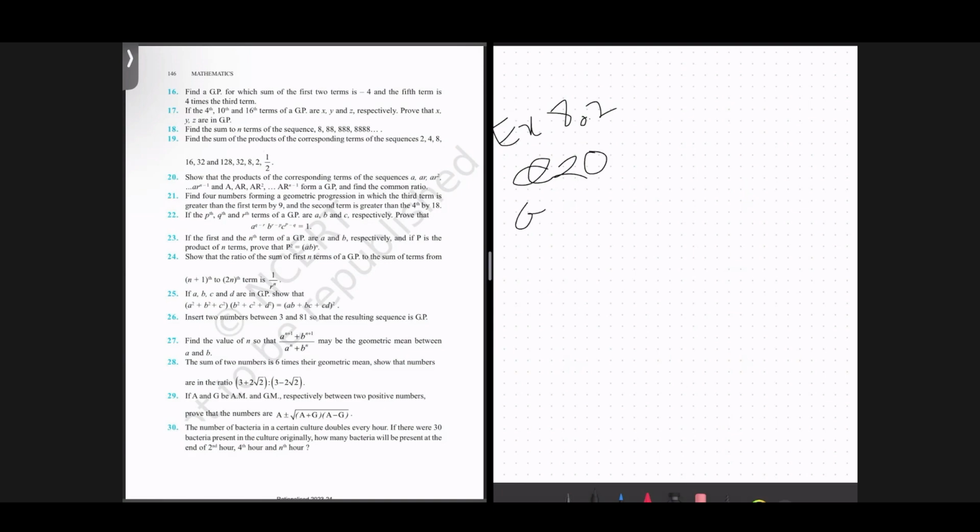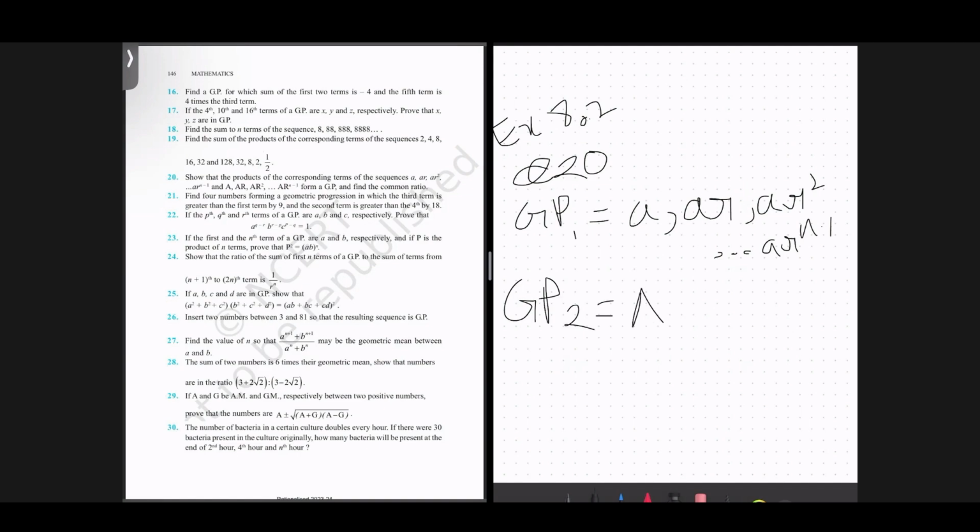The first GP, GP1, is A, then you have AR, then you have AR square, and so on and so forth, up until AR to the power n minus 1. This is GP1, right? GP2 is going to be capital A, capital AR, capital AR square, up until capital A, capital R to the power n minus 1.